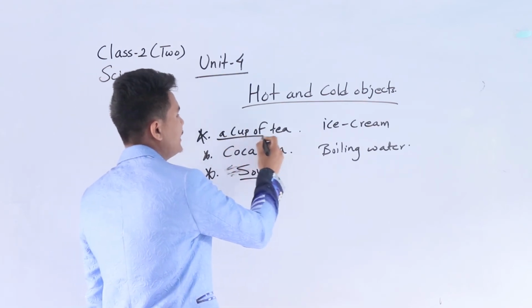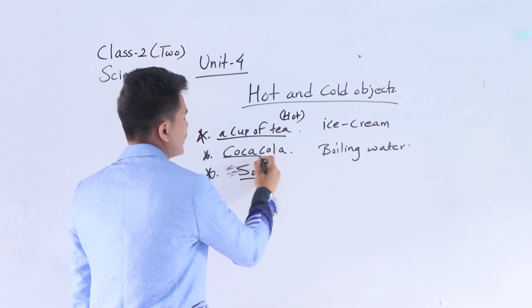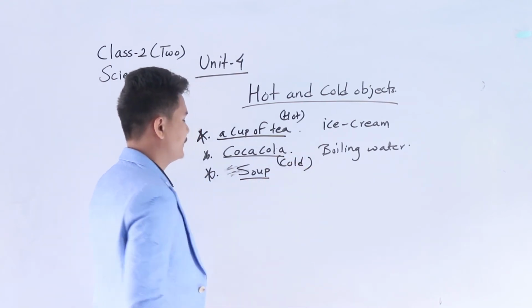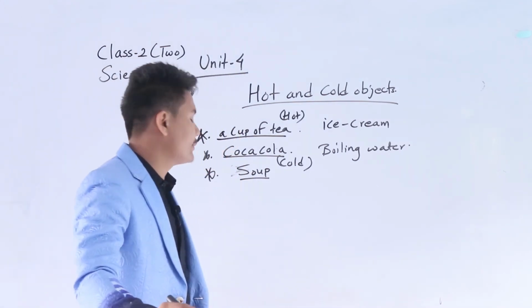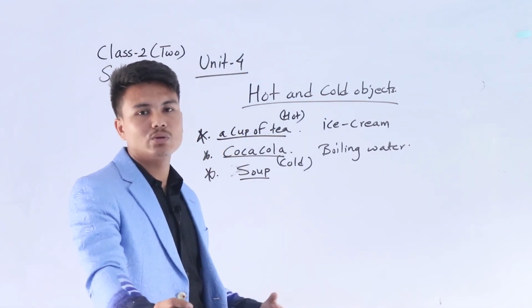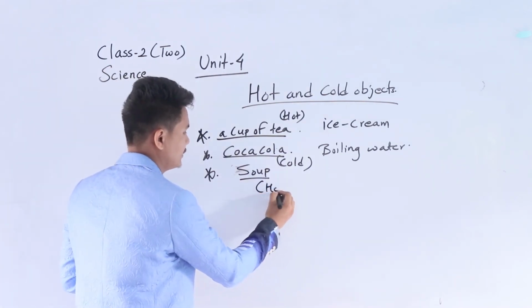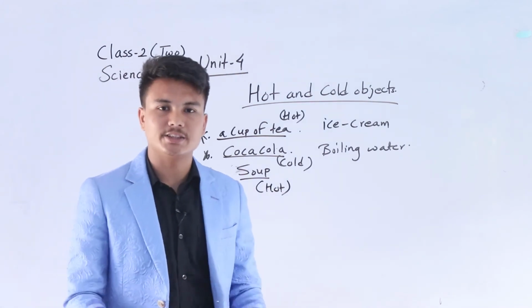A cup of tea is very hot. You can write hot. It is a hot object. Coca-Cola is very cold. It is a cold object. Soup. We can eat vegetable soup, mushroom soup, chicken soup. Lots of soups are there. It is very hot. We like to eat soup very hot. Hot soup is very delicious.